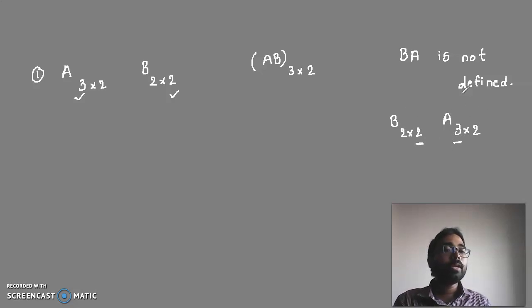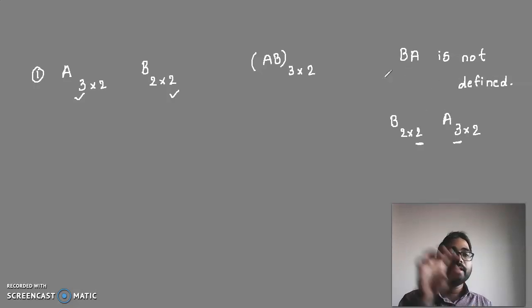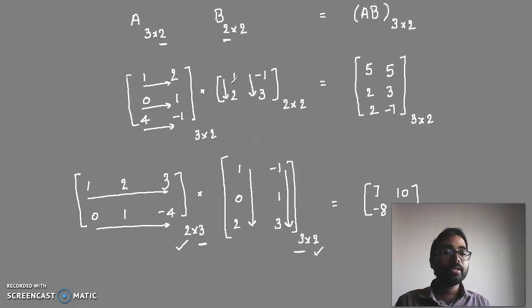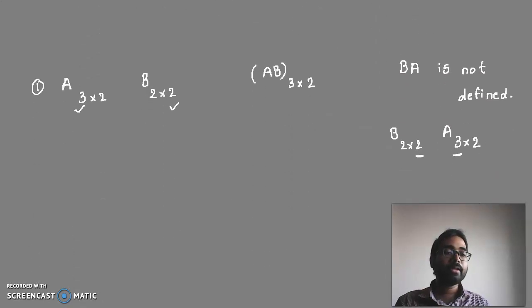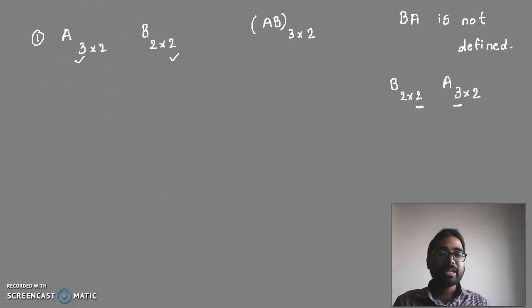So here B into A will not be defined. When you are trying to multiply rows by columns, in matrix B each row will have only 2 elements, whereas in matrix A each column will have 3 elements, right? So here we cannot have corresponding elements and then we cannot multiply. So this is scenario 1.